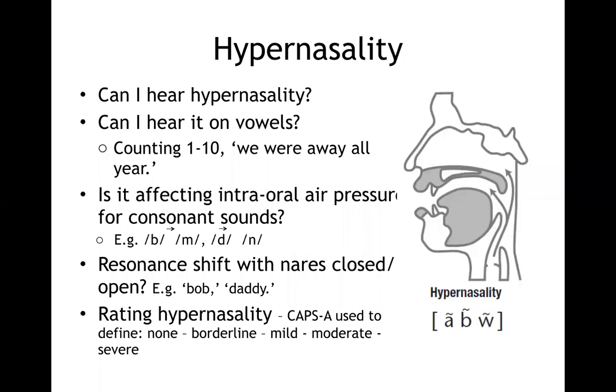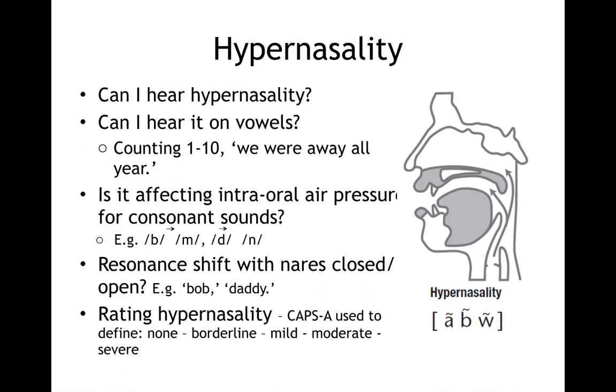If they're counting between 2 and 6 and actually it sounds okay, then they're probably not hypernasal. Another sentence there, we were away all year. Again, there are no nasal consonants in that sentence.